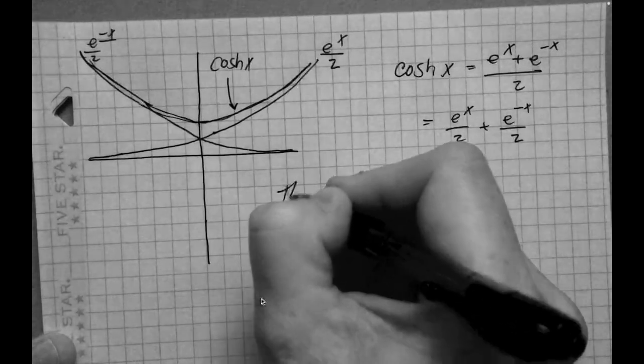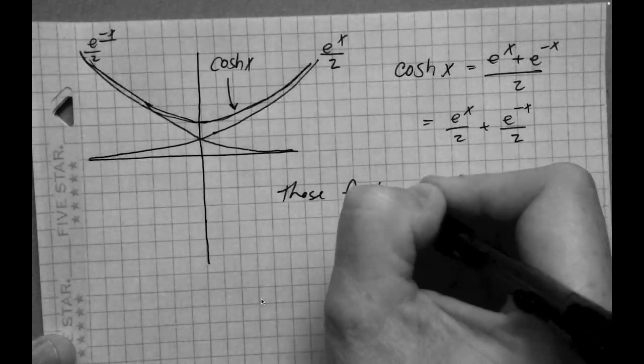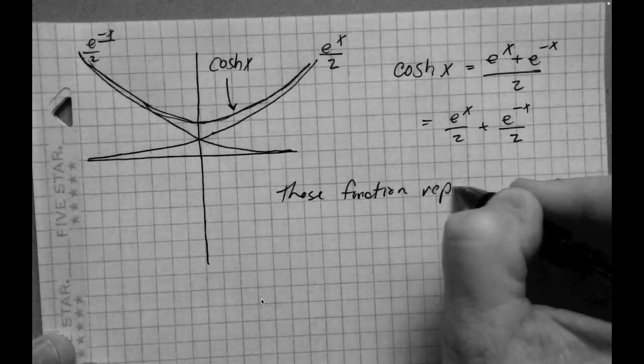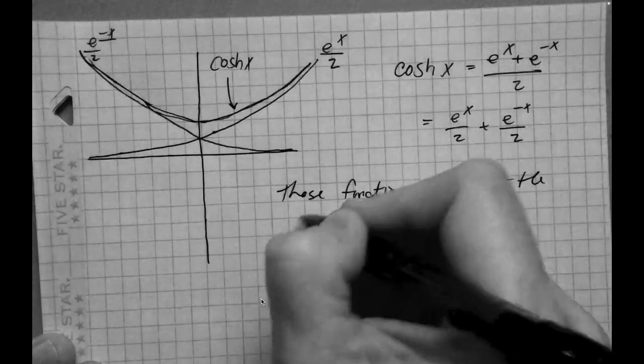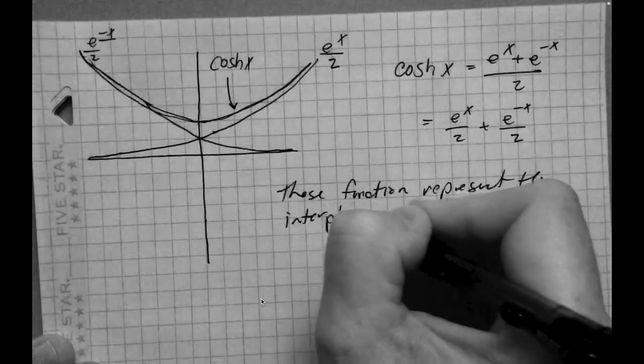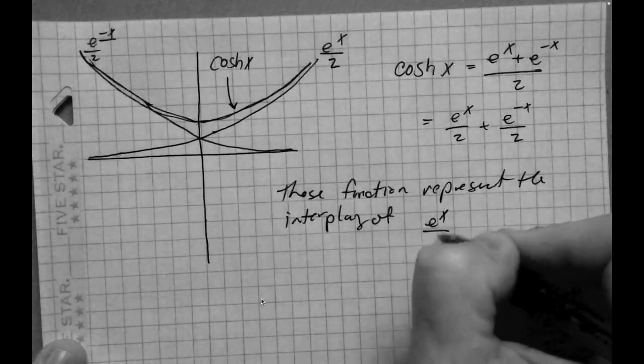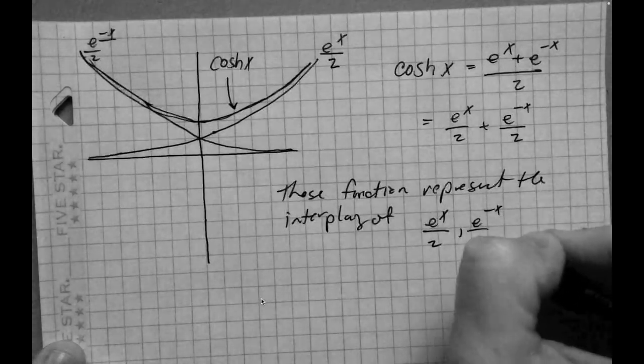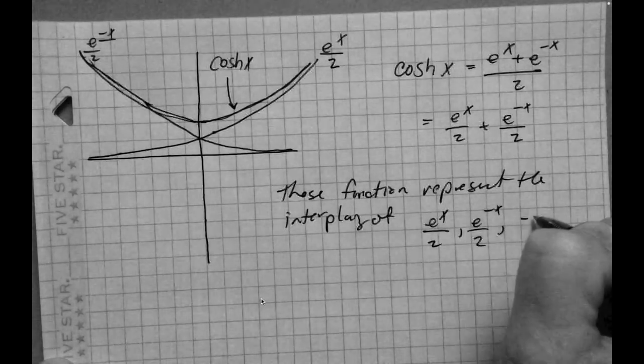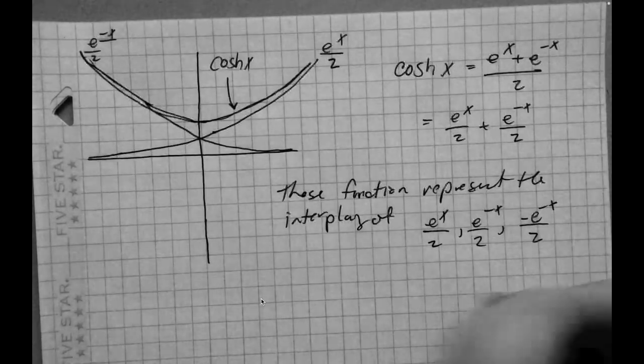Okay, so these functions, they sort of represent the interplay of basically three functions: e to the x over 2, e to the negative x over 2, and negative e to the negative x over 2.